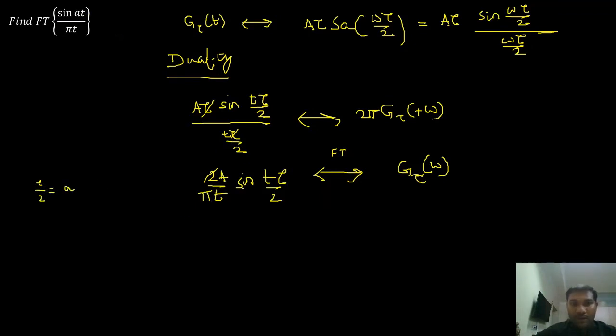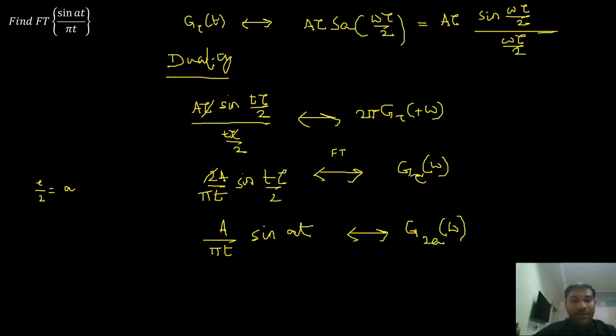So A divided by pi t sin at will have the Fourier transform. Now tau is equal to 2a, so g 2a of omega.